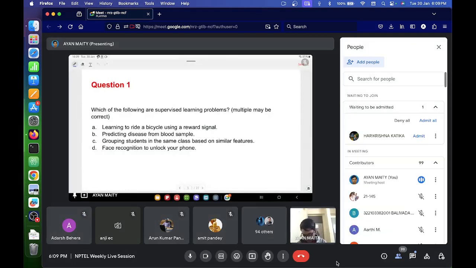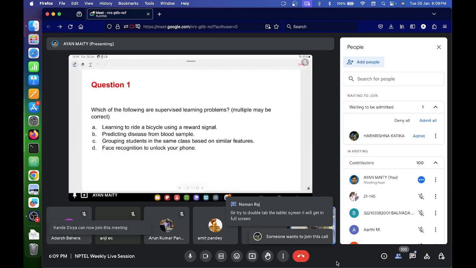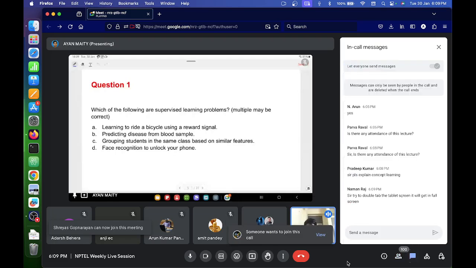So this is question 1. Which of the following are supervised learning problems? Multiple options may be correct, and you can write your answers in the chat. These are the 4 options: A, learning to ride a bicycle using a reward signal; B, predicting disease from blood samples; C, grouping students in the same class based on similar features; and D, face recognition to unlock your phone.